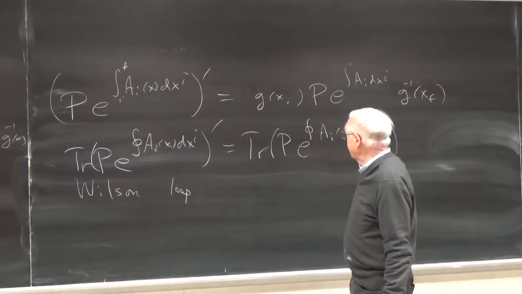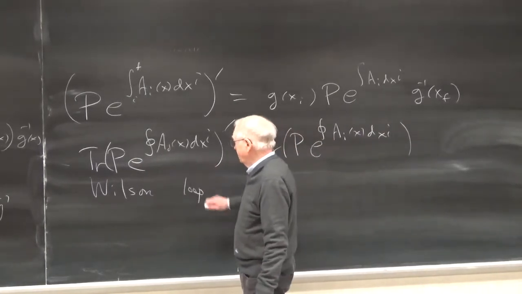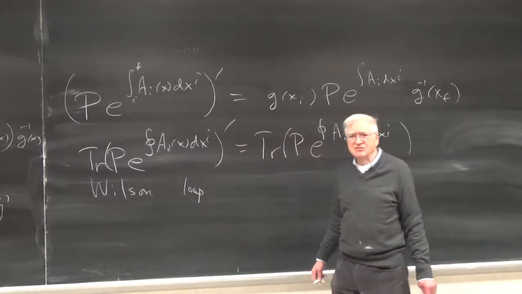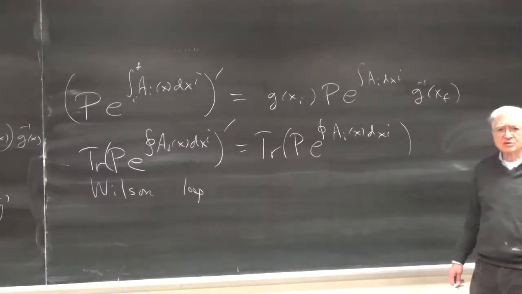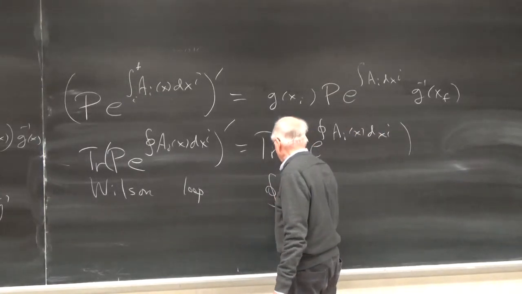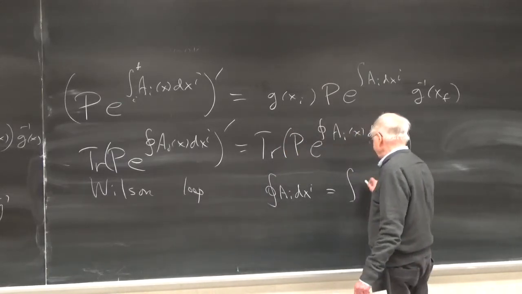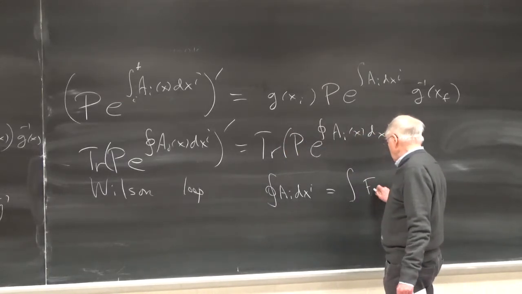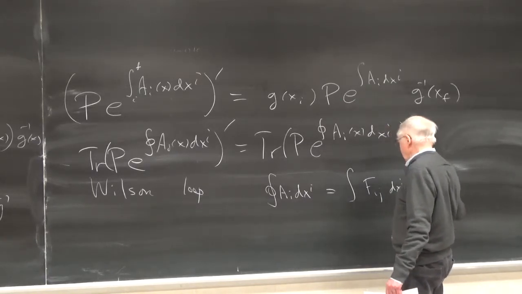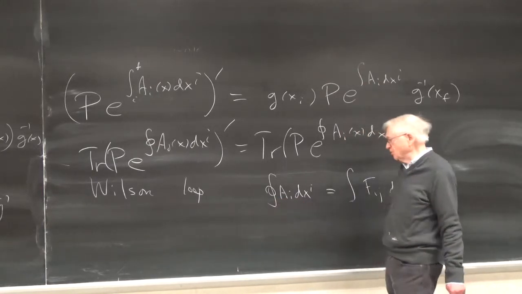What one does then, as in lattice gauge theory, is to make use of a non-abelian generalization of Stokes's theorem, according to which essentially an integral of A_i dx^i is an integral of F_{ij} dx^i dx^j over the area that's bounded by this loop.